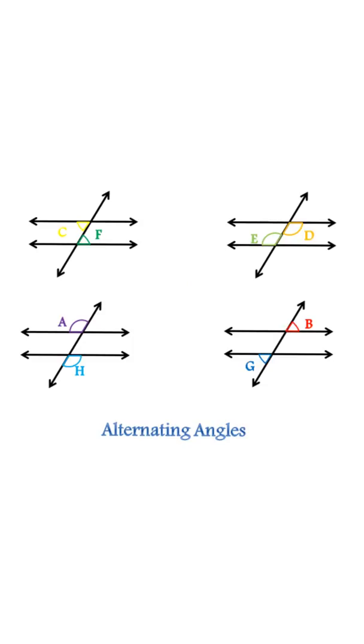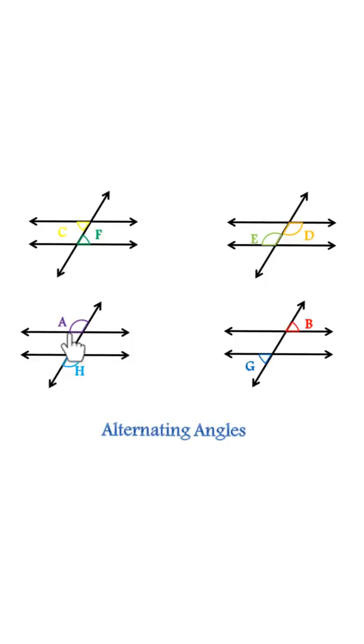Alternate angles are double opposite of each other. For example, angle C here is in the bottom left and angle F is in the top right, but they are going to have the same measure. Over here we have angle E, which is in the top left, and angle D is in the bottom right.